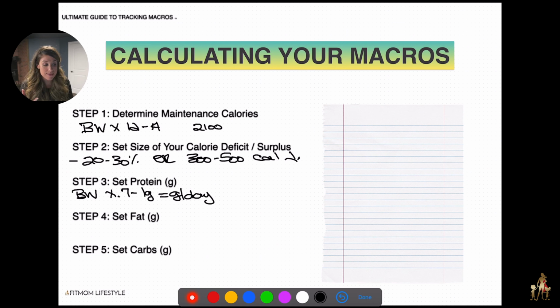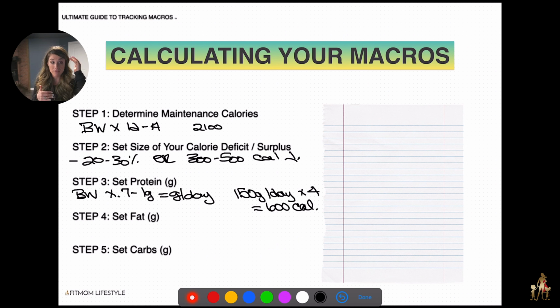So let's say I'm just going to go with 1 gram because that's easy for math, 150 grams per day times 4. That is going to be 600 calories, if my math is correct here. So now I have 1,000 calories left after I've hit my protein targets.